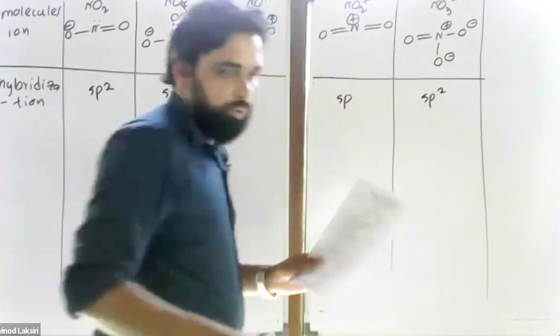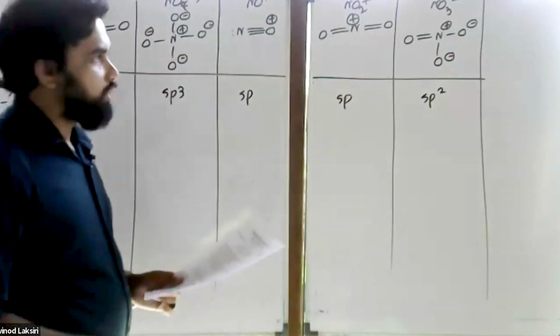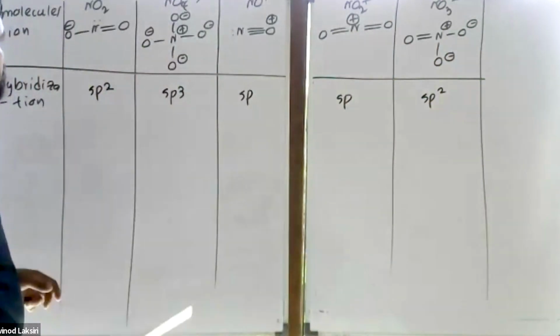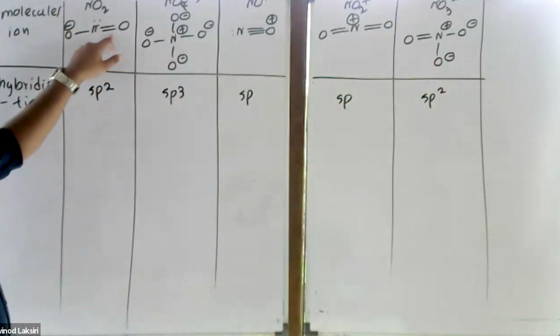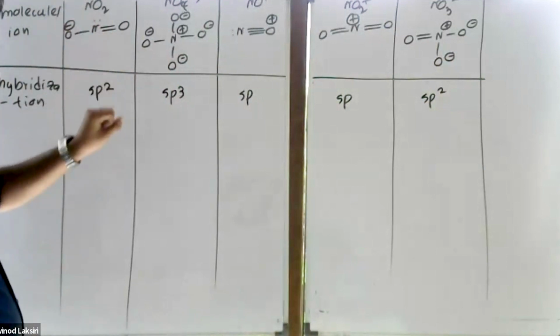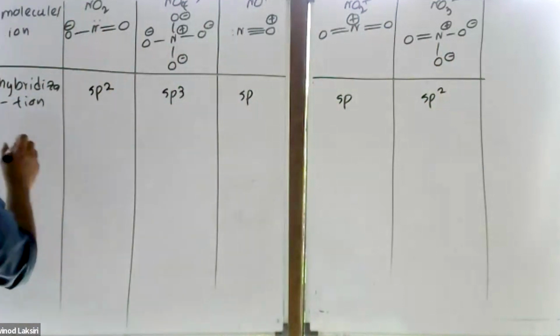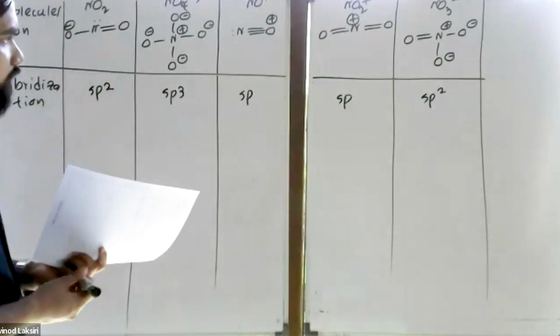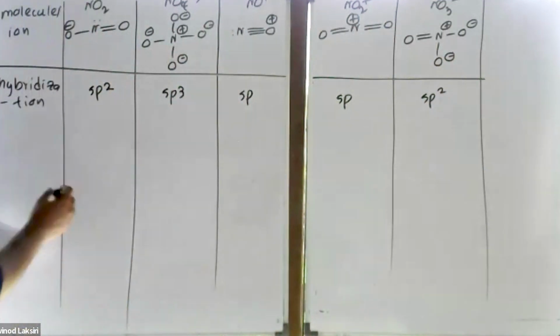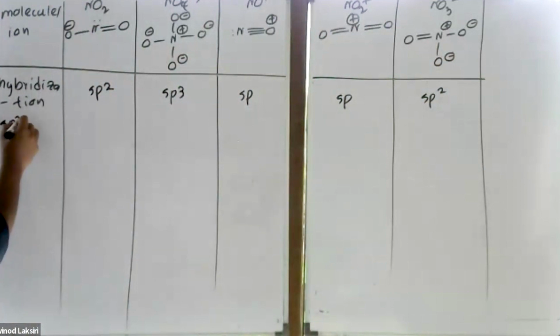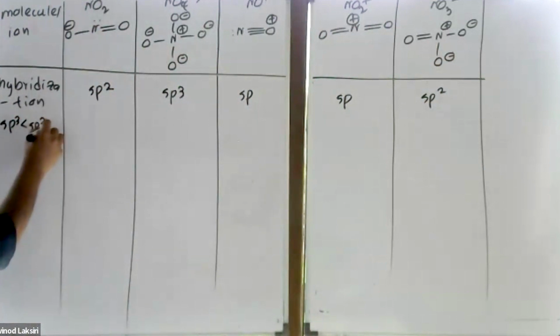We have to count the number of sigma pairs and lone pairs. Here 2 sigma pairs and 1 lone pair, altogether 3. Therefore sp2.